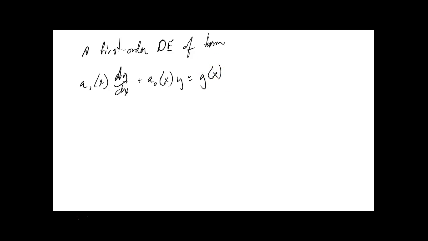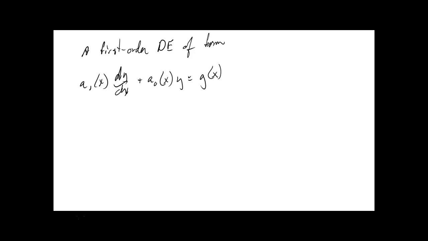Now, this is just trying to be as generic as it can be. So any old function of x multiplied by your derivative, y with respect to x, plus any other old function of x multiplied by y is equal to some function of x, some old function of x.